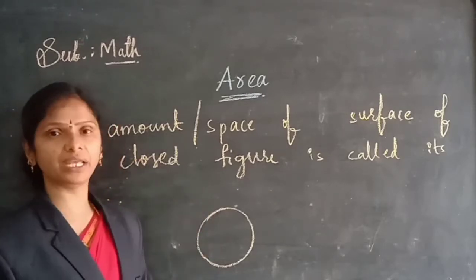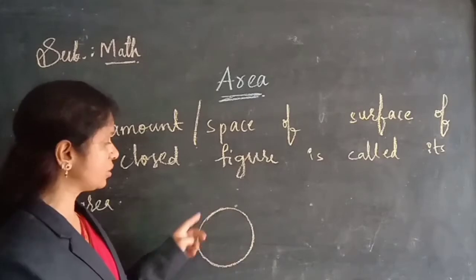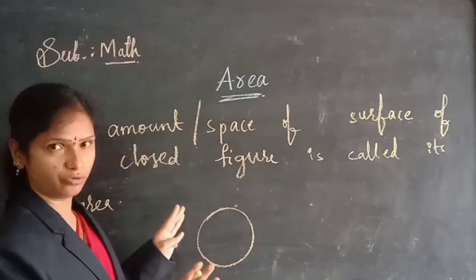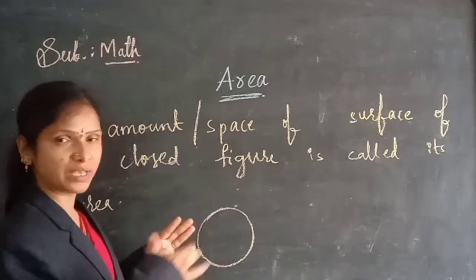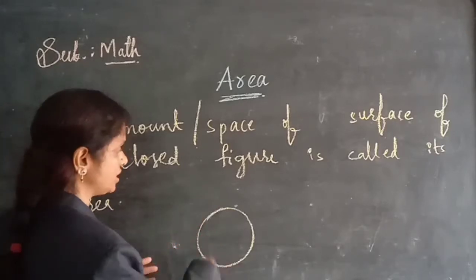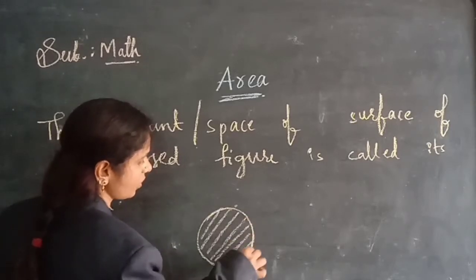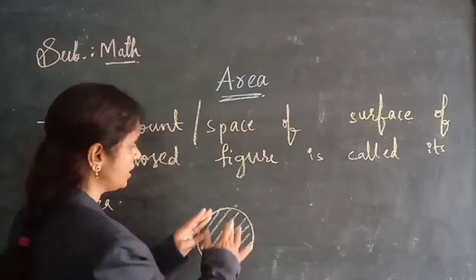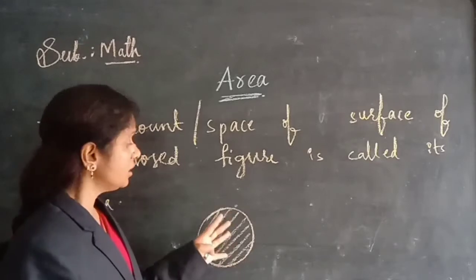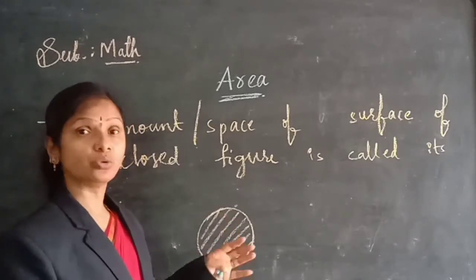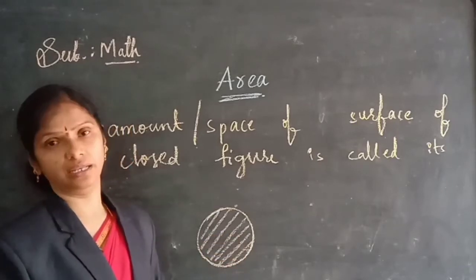For example, I am taking a circle here. It's a closed figure, no? So if I keep this object on a surface, some space it occupies, no? For example, this space it is occupying on that surface, it is occupying this much space. The space which is occupied by the surface is called its area, children.